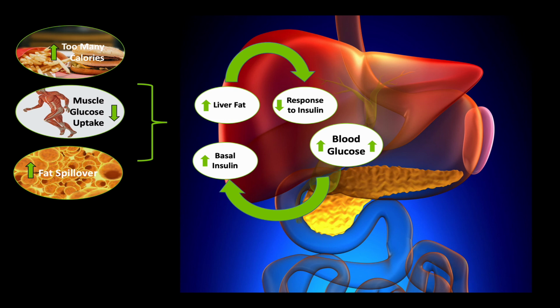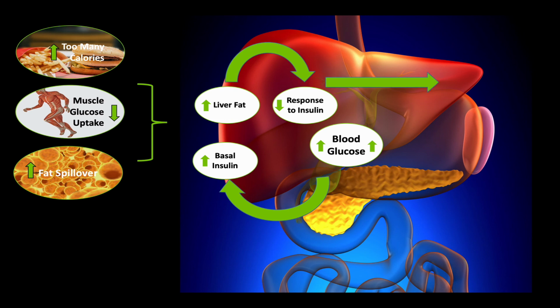The problem, of course, with insulin is that it's a storage hormone. As the levels of insulin go up, we begin to store the energy from the food, but the high levels of insulin stop us from being able to access and use that energy. So we start to accumulate fat, gain weight and become overweight.